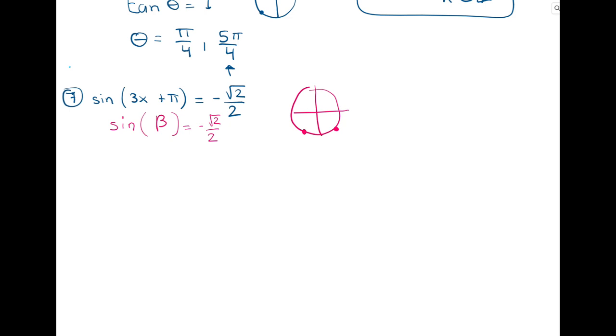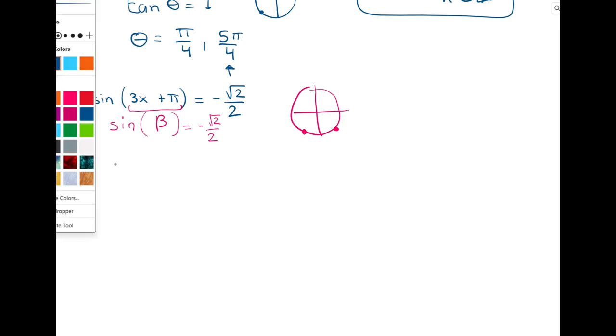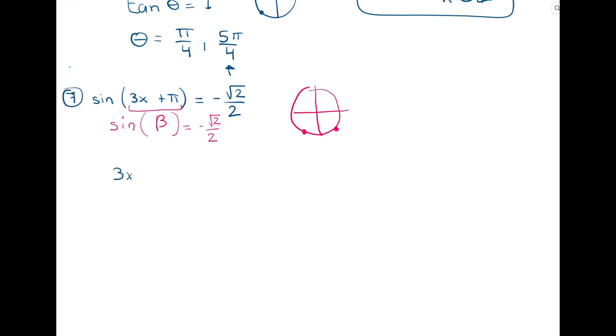So that angle beta, which is really not beta, so I'm going to stop calling it beta, and give it what it was again: 3x plus pi, that big old angle, is going to be equal to either 5 pi over 4, or 3x plus pi is going to be equal to 7 pi over 4 in quadrant 4.